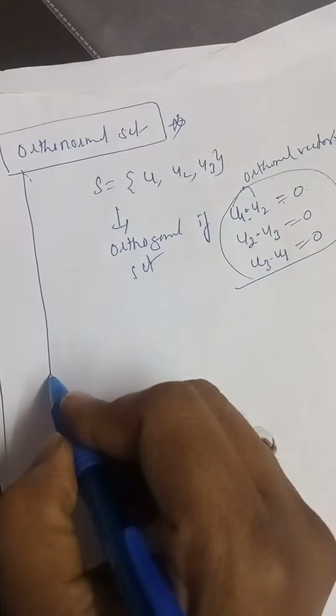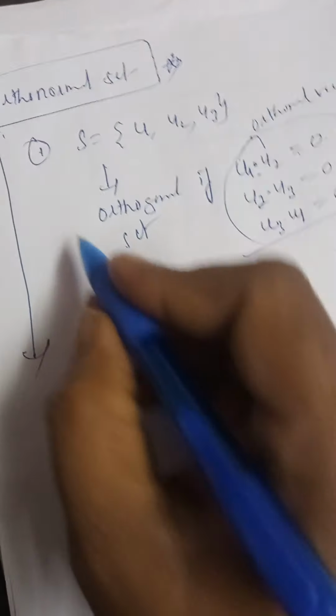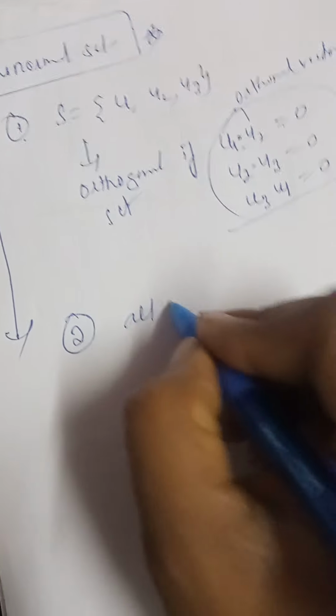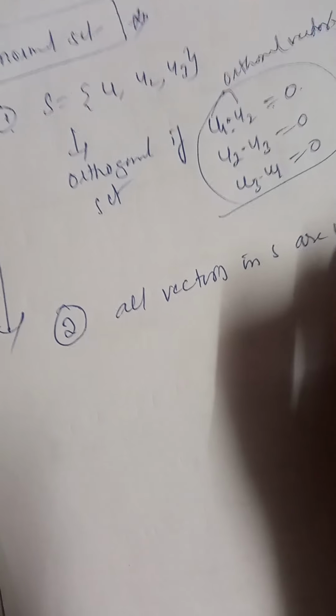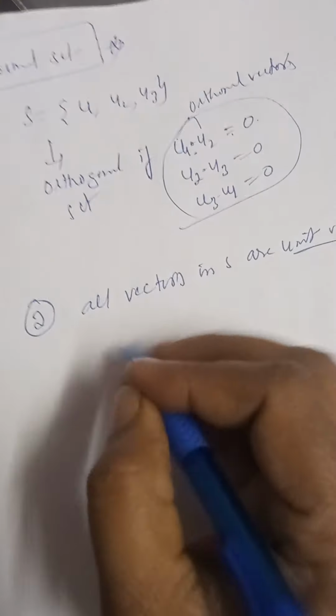Now what is the definition of orthonormal set? Orthonormal set means a set is said to be orthonormal if it is orthogonal and also all the vectors in S are unit vectors. What do you mean by unit vectors?